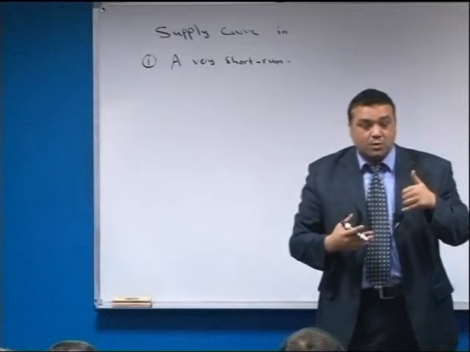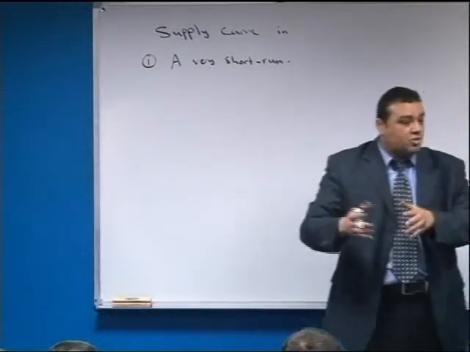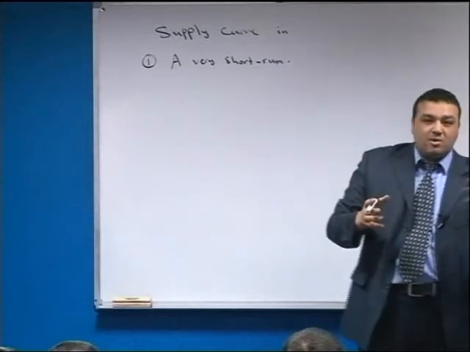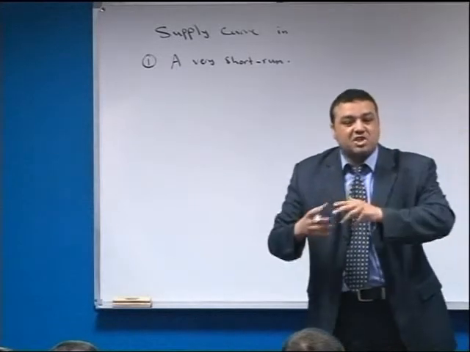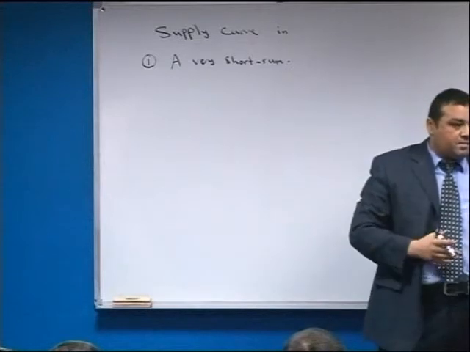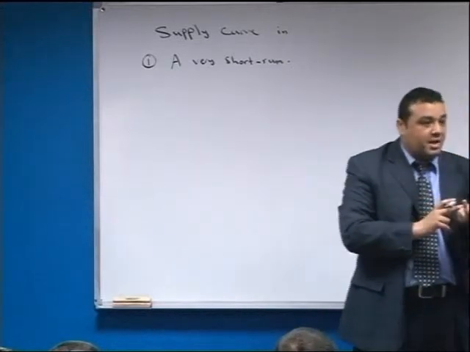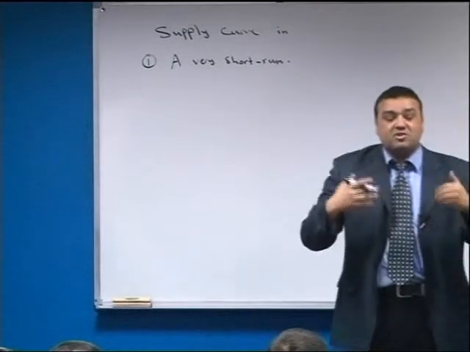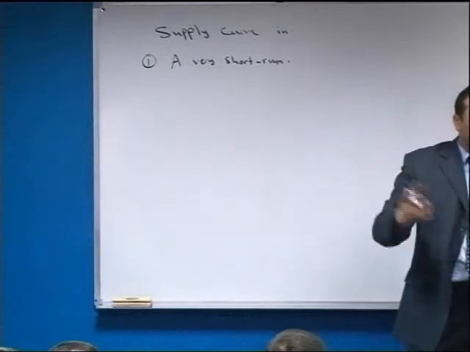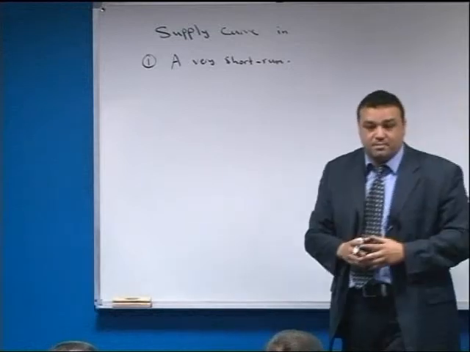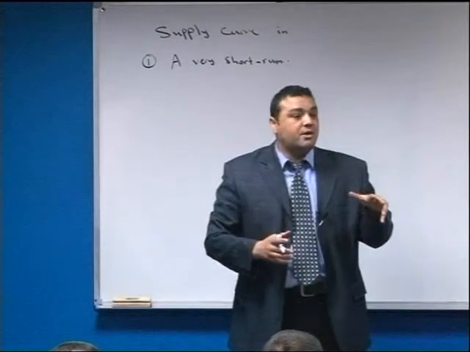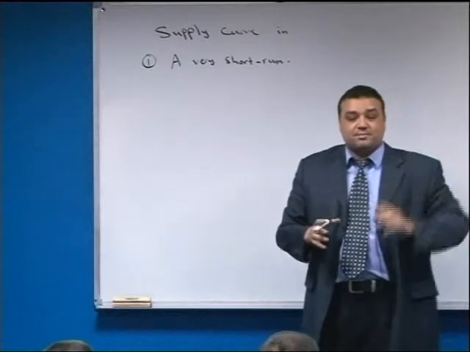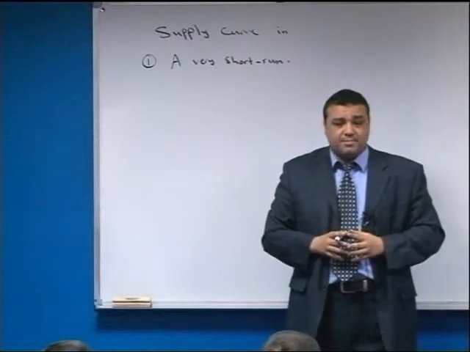To distinguish between the long term and the short term: in the long term, the producer can change all the factors of production. He can increase the number of workers. He can increase the number of machines. So all factors of production would be changeable, right? But in the short term, at least one of the factors of production would be fixed, like the machines or capital.